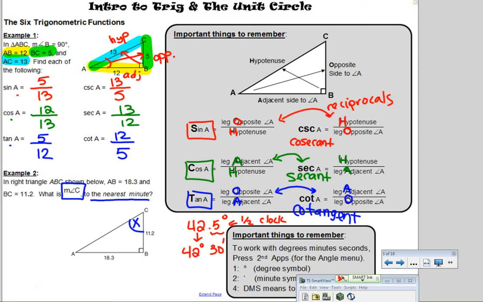So on our problem, if we want to find the angle to the nearest minute, we are going to first find the angle like we normally do and find it in degrees, and then we would convert to minutes after. Find the angle like normal, then convert.